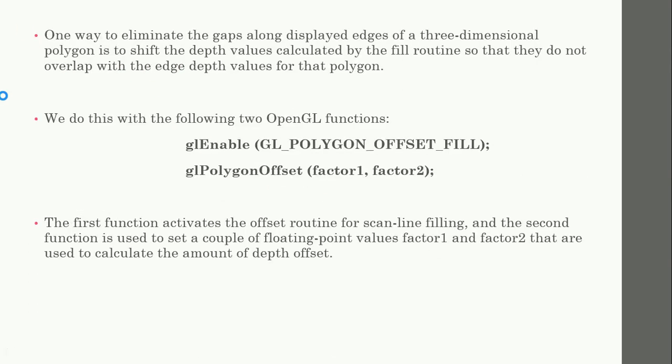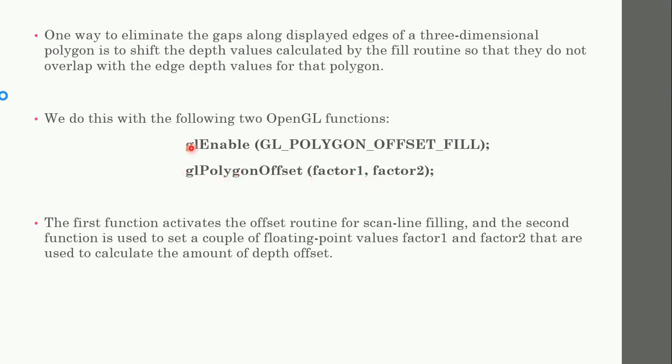To eliminate the gaps caused by the glPolygonMode function, we have one more function in OpenGL, called glEnable, GL_POLYGON_OFFSET_FILL. This is for activating the particular polygon routine. Then after writing this, you have to write one more function called glPolygonOffset, factor1 comma factor2.